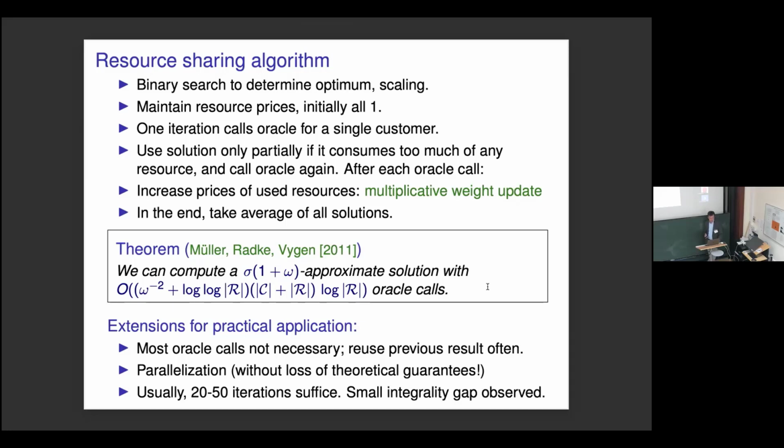And actually, in practice, the number of iterations that we need to get to 1 or 2% of optimality is really small. Essentially, we call the oracle for every customer maybe 5 times or so, not much more. So that's why it is really fast. And it works much better than the theory tells you already. It's quite good, but it works even better in practice.